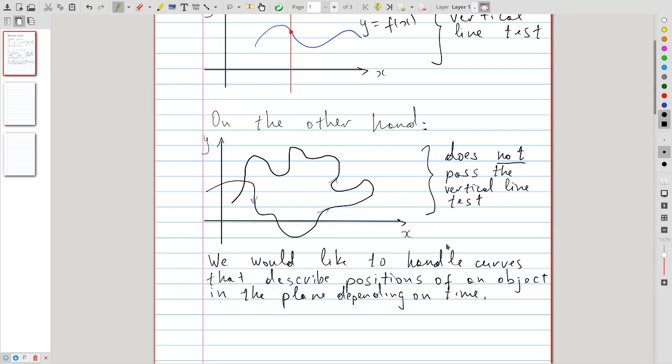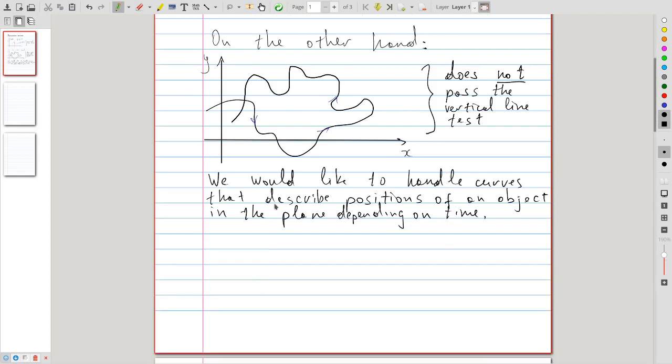So the way to do this is we want to think of the coordinates of our point in the plane. Say we have a point in the plane which traverses this path. So these are the coordinates of the particle. Then, as we mentioned already, these coordinates depend on time.